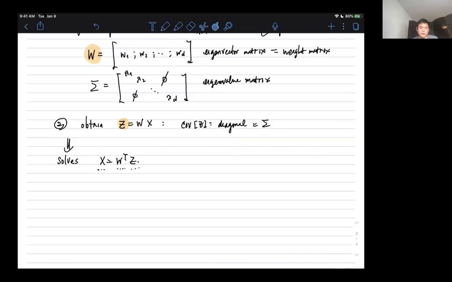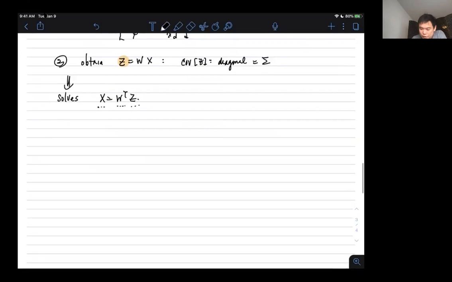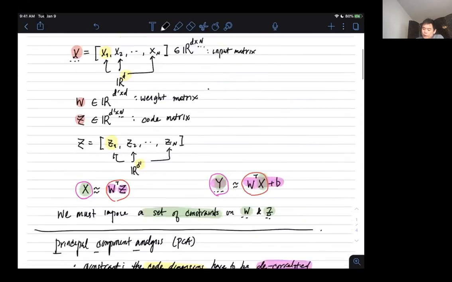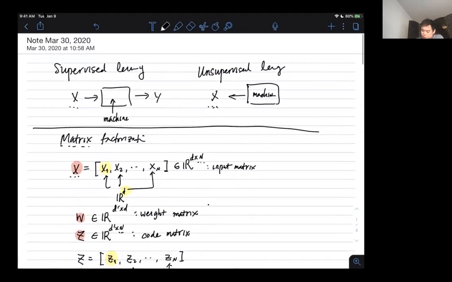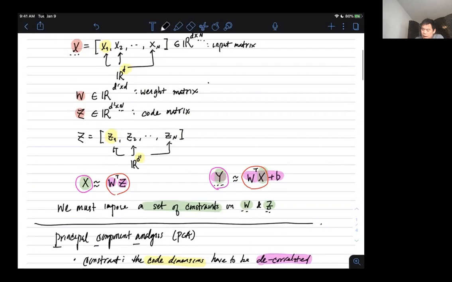Now, that actually raises a big question: does D prime have to be D? So let's try to answer the question. In order to answer this question, we need to actually think about one thing. Going all the way back to the matrix factorization, what we talked about is that our goal is to find the product of the transpose of the W matrix and the code vector so that it's going to estimate this X as closely as possible.